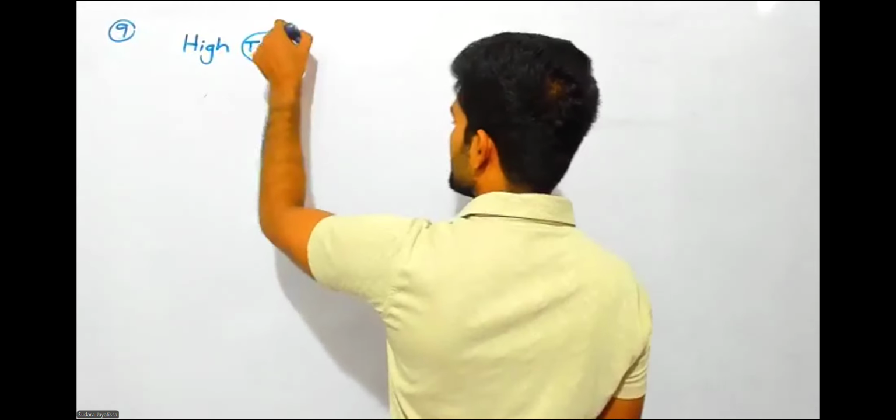Okay, and the next thing is low pressure. This is kind of tricky to understand. First of all, to understand how it is behaving like ideal, you need to understand how we make low pressure. So low pressure is achieved by two ways.